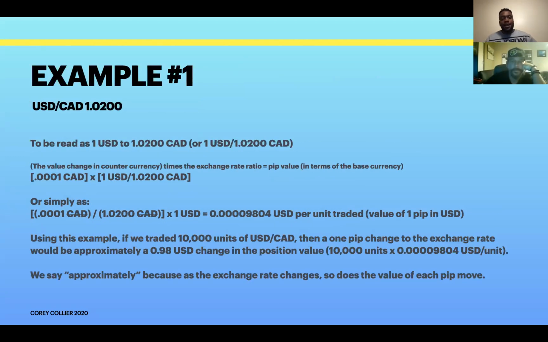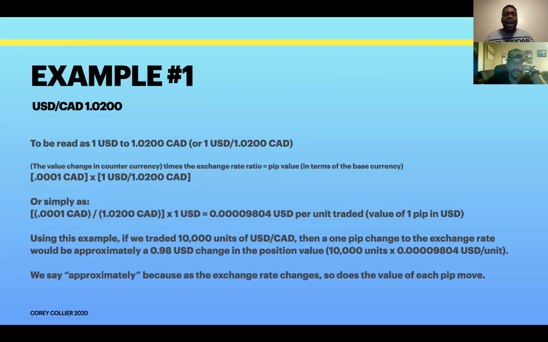Example 1, USD CAD is at $1.02. That's to be read as 1 United States dollar to $1.02 CAD, or 1 United States dollar is equal to $1.02 of a Canadian dollar.